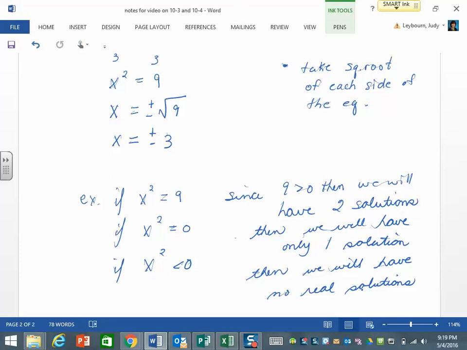It wouldn't matter if it faced up or down, it's just not going to cross the x-axis. Here, if this is a negative number, then when we go to take the square root of both sides, we're taking the square root of a negative number, and there is no real solution in that case. There are solutions if we get to the complex numbers, but not in our real number system.